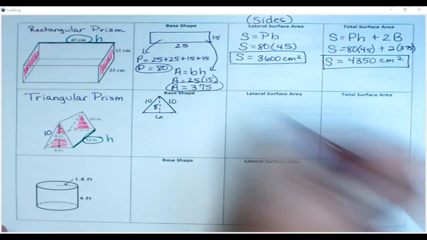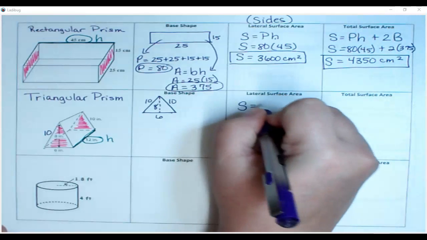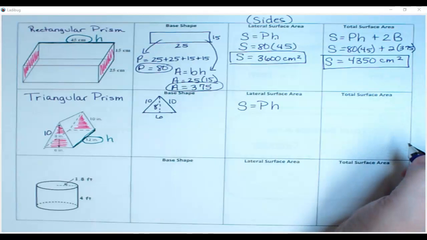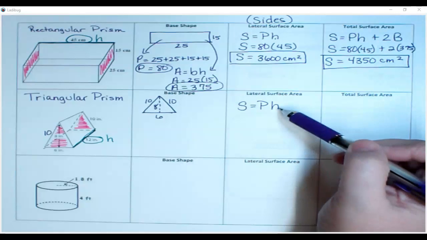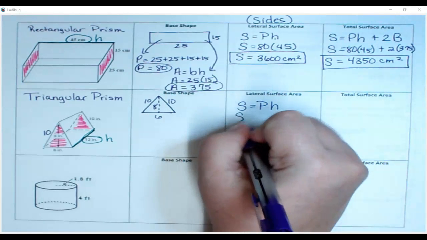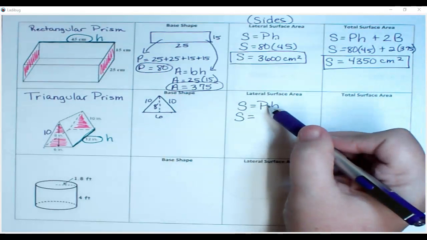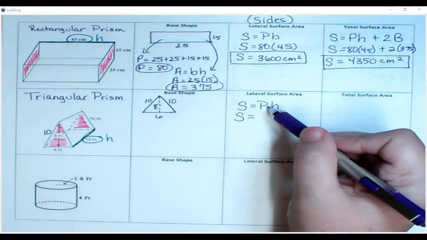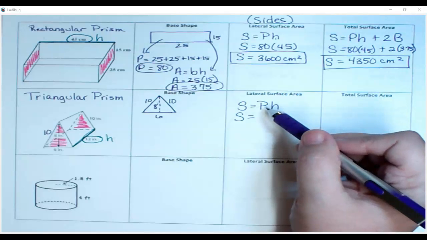Lateral surface area, capital PH. Again, you have a formula chart. Use your formula chart. Take 2 seconds just to make sure you're using the right formula. So surface area equals, I need to substitute in a value for capital P. Again, what does capital P stand for? Think about it.